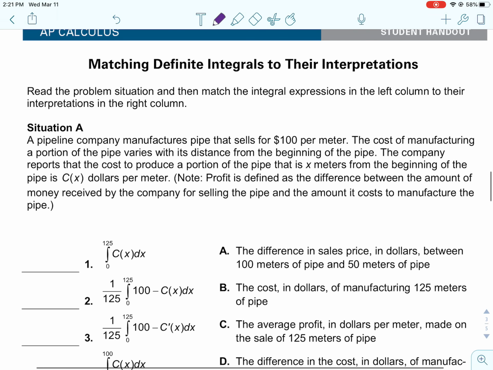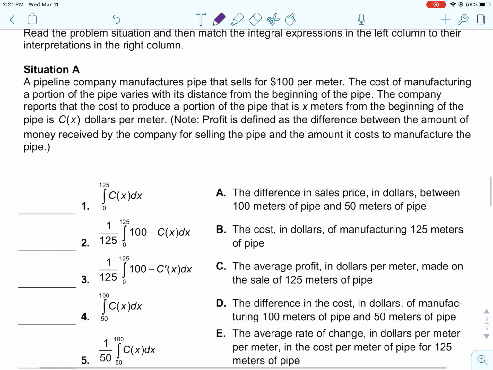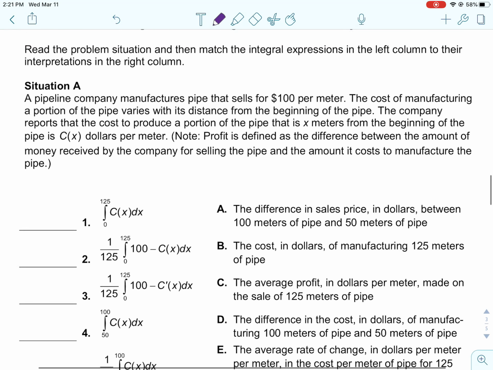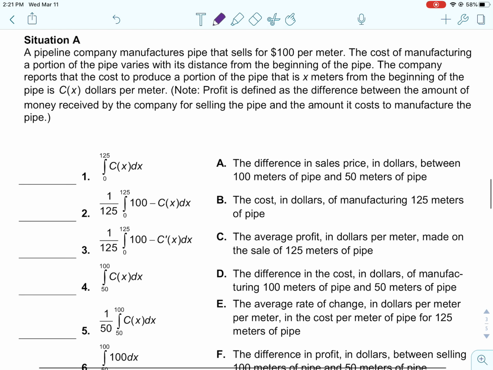All right, so now we're going to do some matching problems, and I worked through these before, and I did it both ways. Like at first I started with the integral and tried to find what it meant, and then to me it ended up being easier if I started with the words and went back to the integral. So all of these integrals are about the same situation, which is a pipeline company manufactures pipe that sells for $100 per meter. That's going to come back to be important in a second.